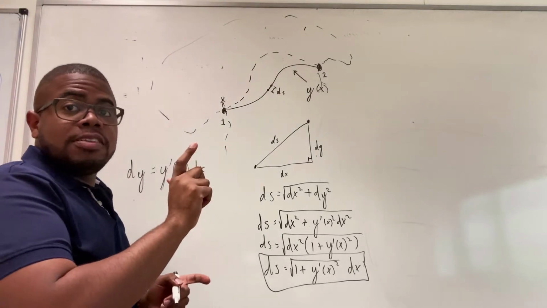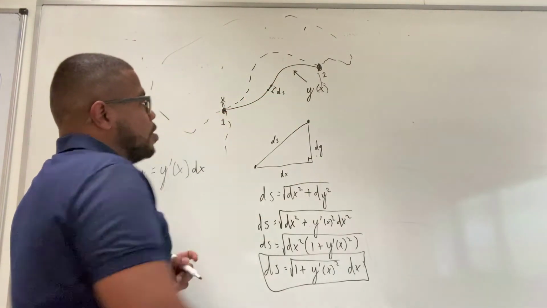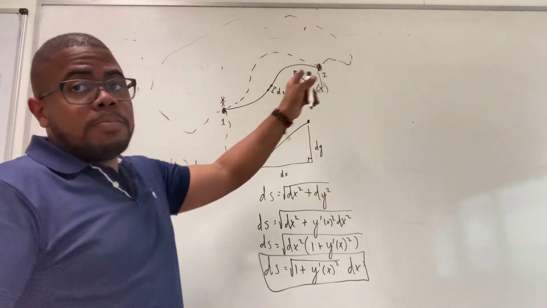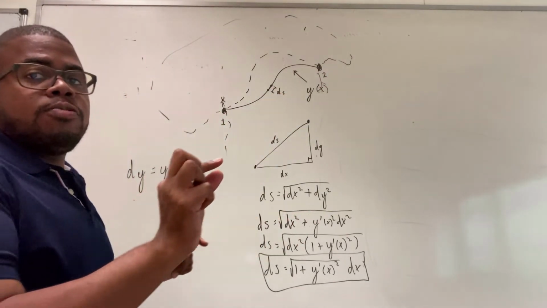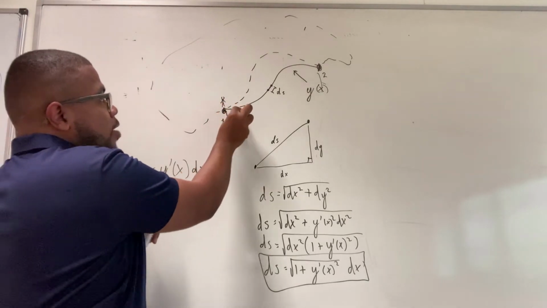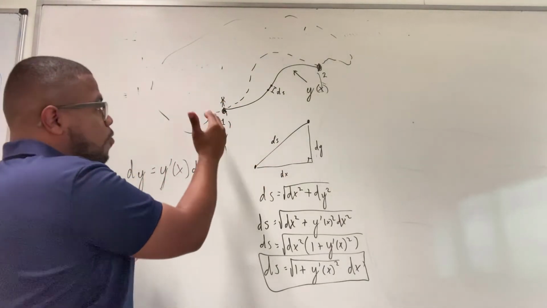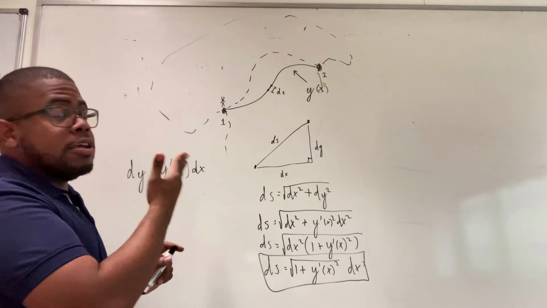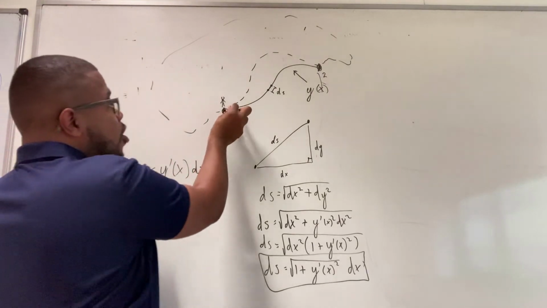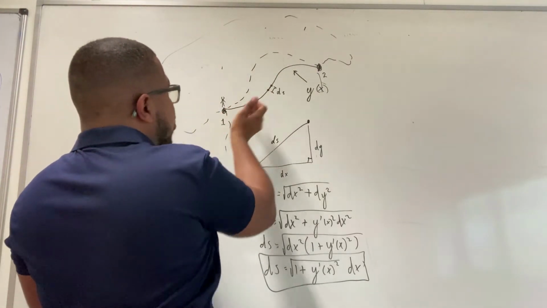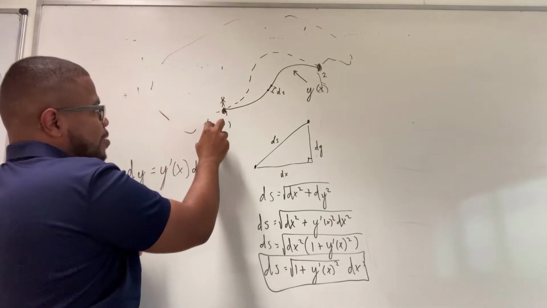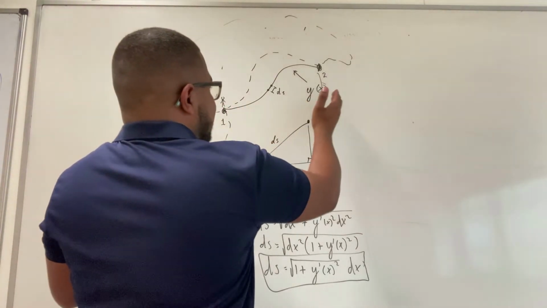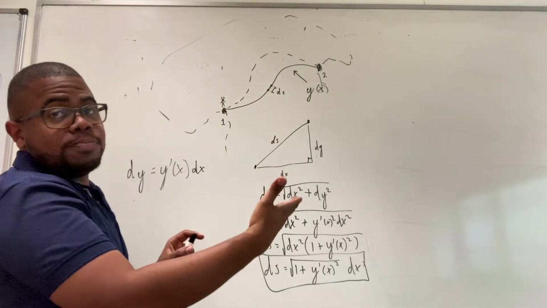What if we're interested now in the total path which a person travels from point 1 to point 2? If we're interested in the total path, then what we need to do is sum over these various ds's over the interval which you're interested in. So in this case, we're interested in summing over these ds's all the way from the state at point 1 to its increment to state number 2.